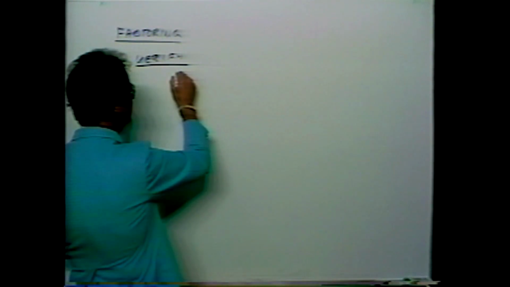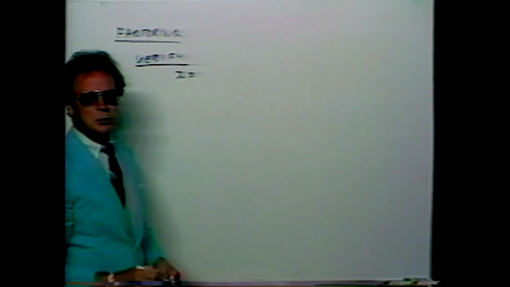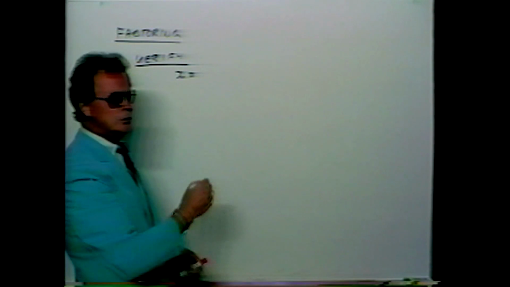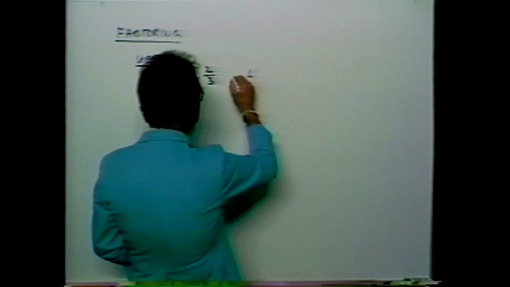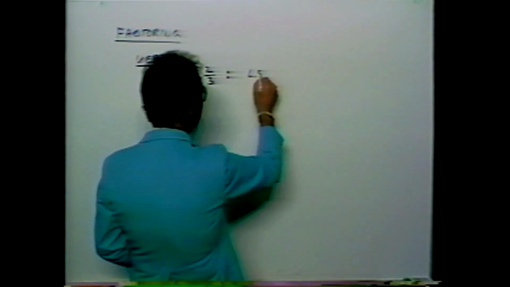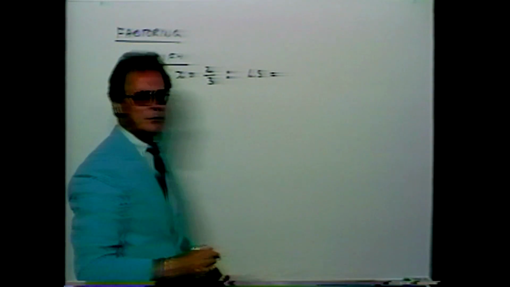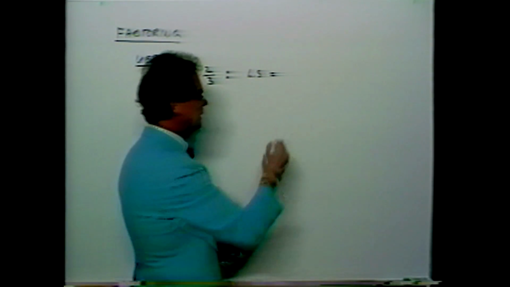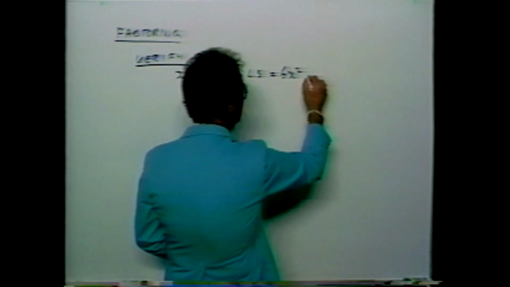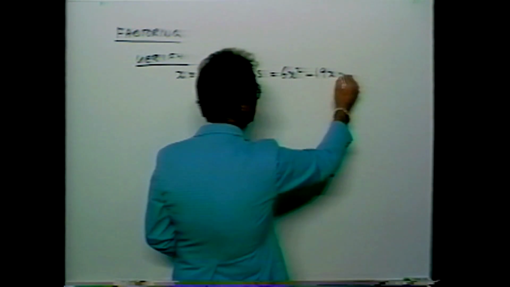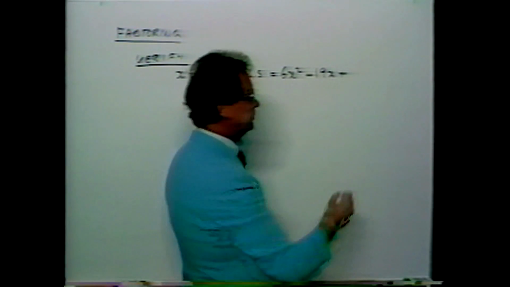First, we'll take x equal to 2/3. The left side of the equation is 6x squared minus 19x plus 10.